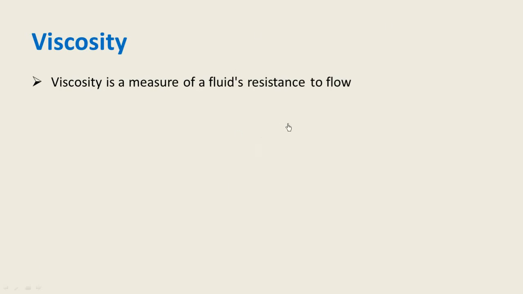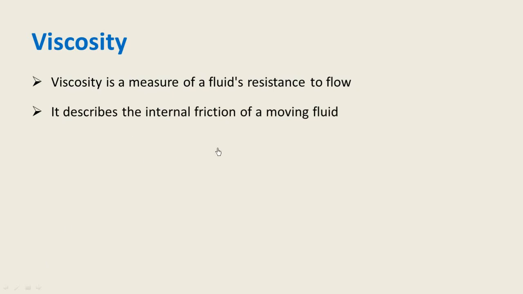Then we will come to another topic, that is viscosity. Viscosity is defined as the fluid's resistance. When a fluid is flowing, some resistance is offered, and this resistance is because of viscosity. Viscosity is also defined as the internal friction of a moving fluid. When a fluid is moving, some internal friction is applied because of the layers present in the fluid.